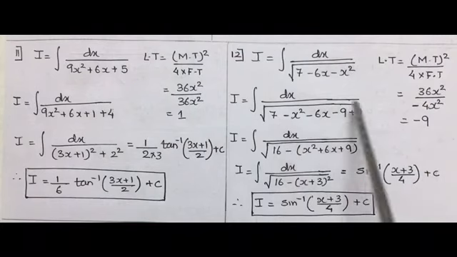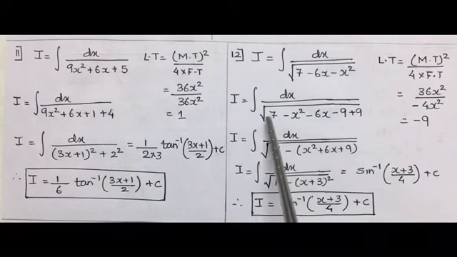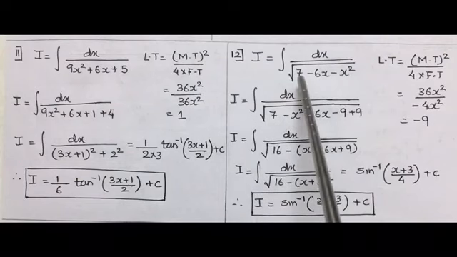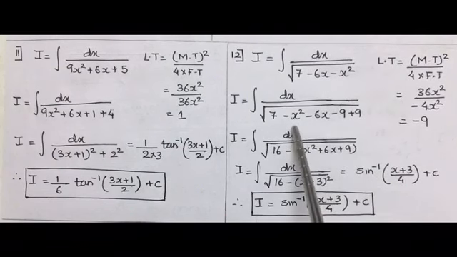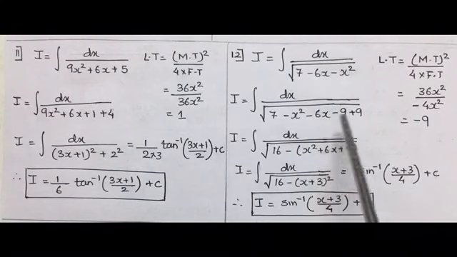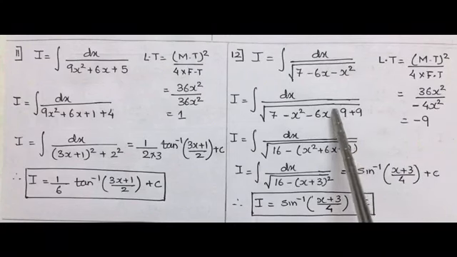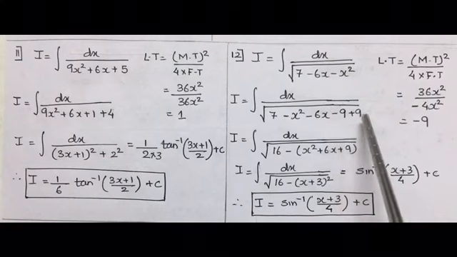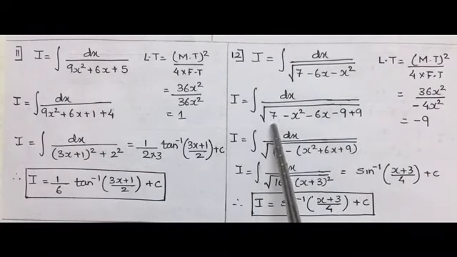So the arrangement will be integration dx upon root of 7 kept as it is, minus x square taken first because it is the first term, middle term minus 6x, minus 9 as the last term. Now as minus 9 is there, to neutralize minus 9 we have added plus 9. So 7 plus 9 makes it 16.